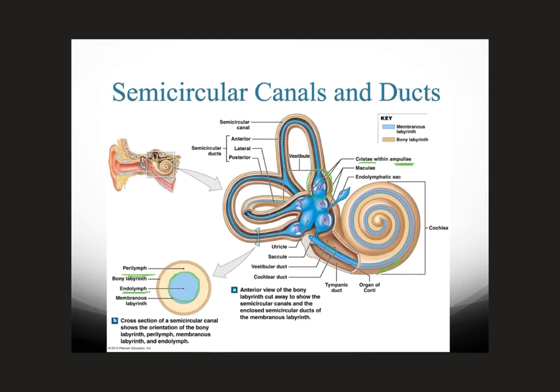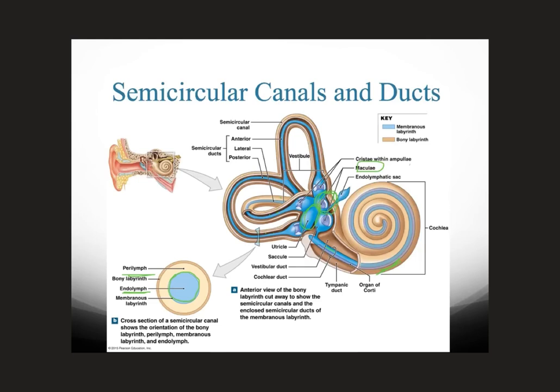But before we move on to the next slide, I just want to show you guys a couple more structures. So I want you to remember where your macula is, which is this structure right over here, and your utricle, which is this structure right over here. And we're going to get to it later on.